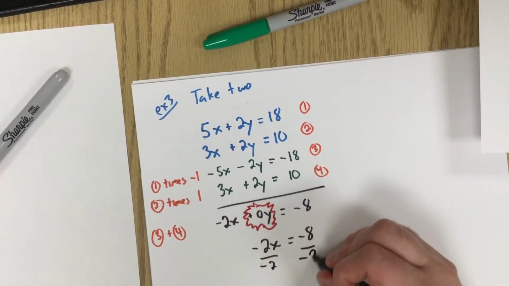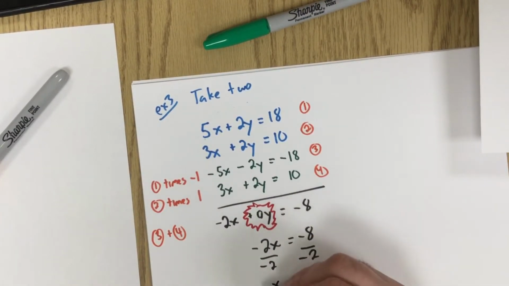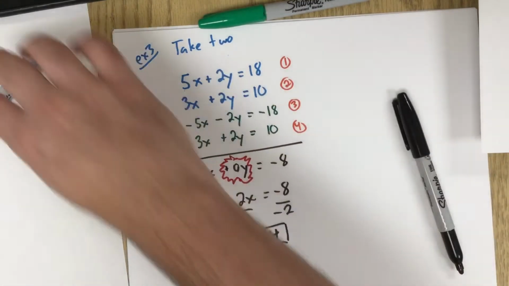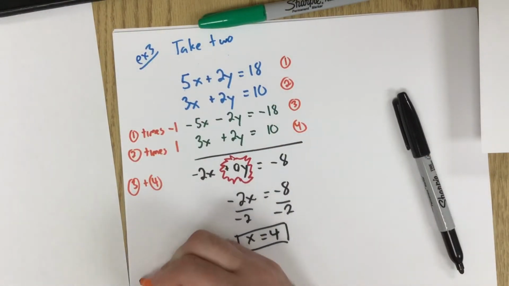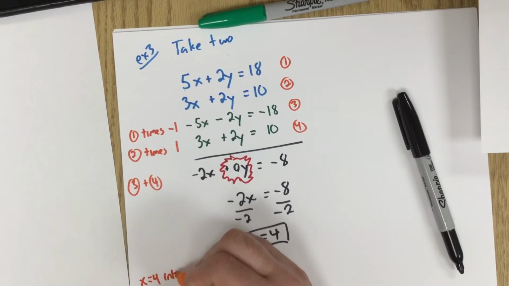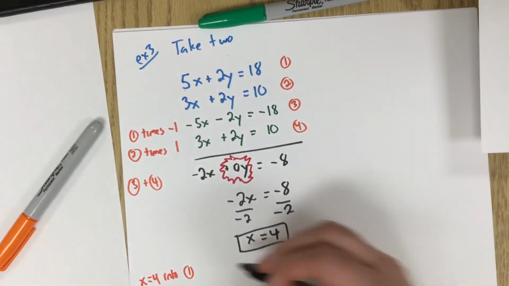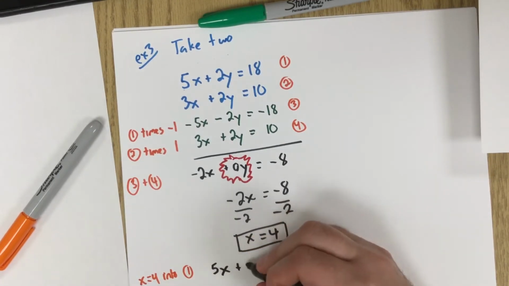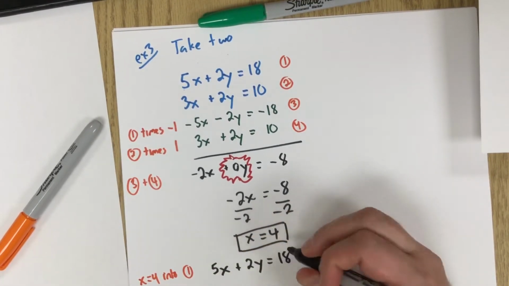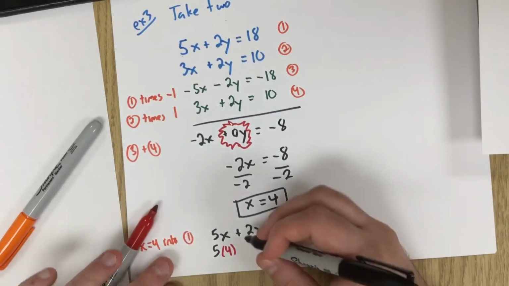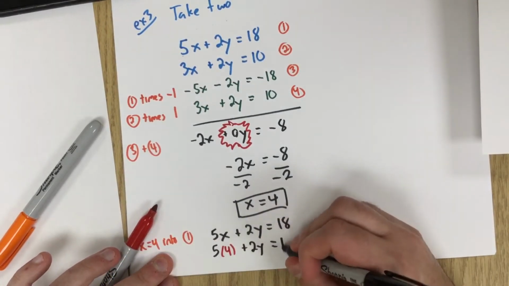Divide both sides by minus 2, and we get x equals 4. And then what I'm going to do is plug x equals 4 into, we'll say, equation 1. So 5x plus 2y equals 18. 5 times 4, plus 2y equals 18.